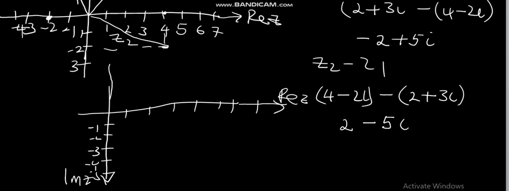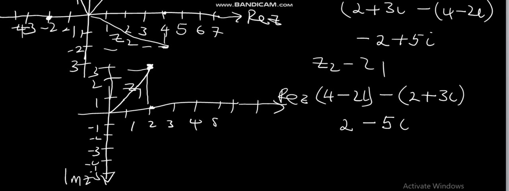So we first plot z1, whereby z1 is 2 plus 3i, which is this z1, and our z2 is 4 and negative 2i, which is here, and we shall plot it like that.